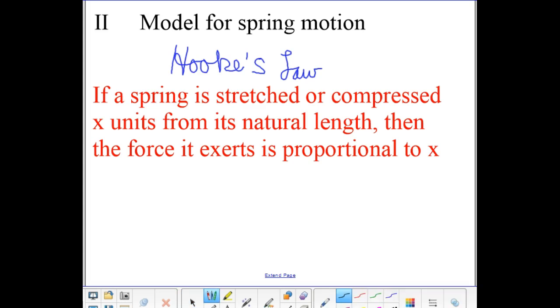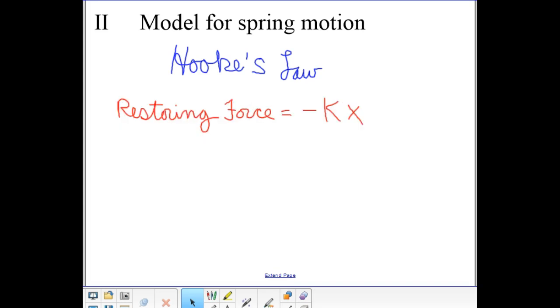Again, this notion of proportionality to the function. Now, in this section, they do what's called this restoring force. If I pull it one way, the spring is trying to restore it the other way. So you can think of it as a negative force, or a force in the opposite direction.